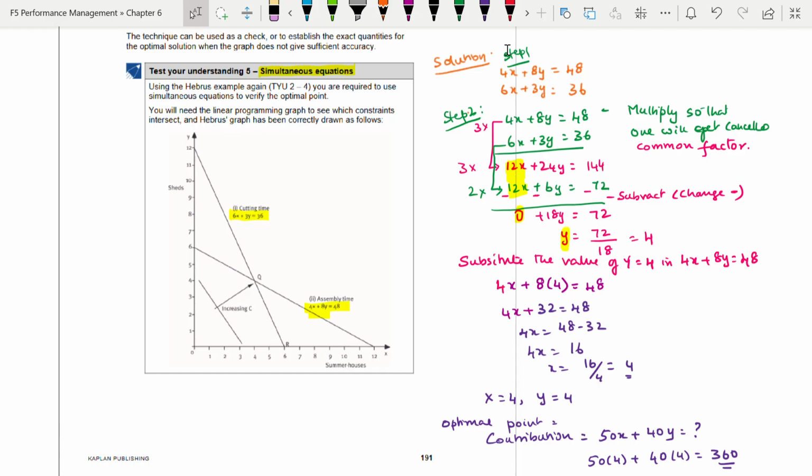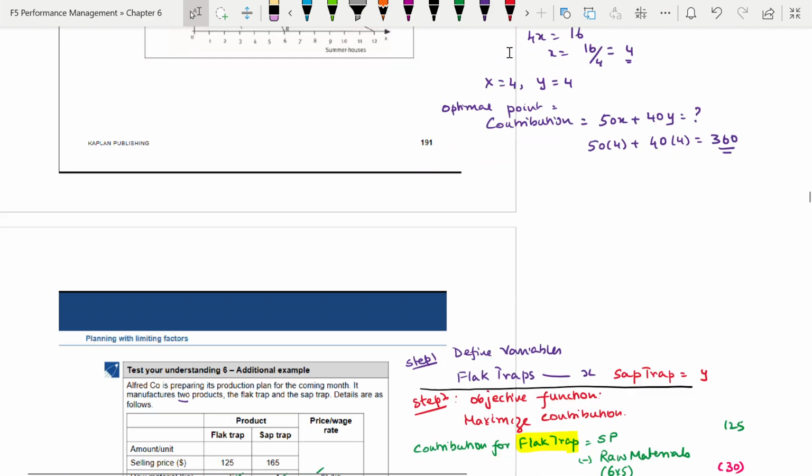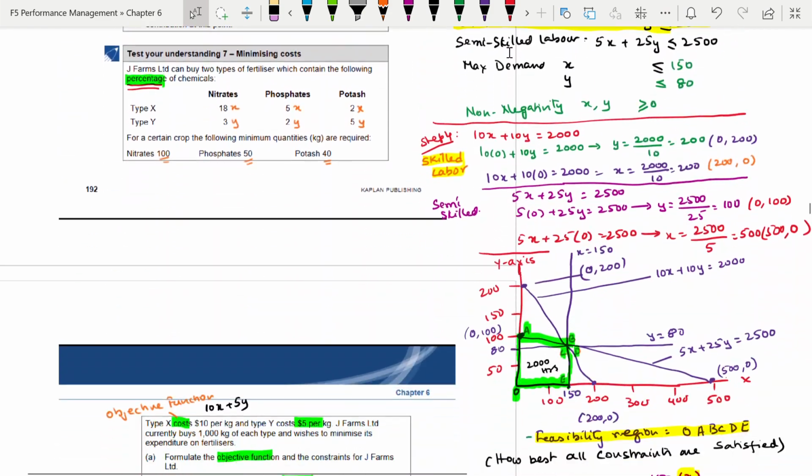When we solved that, we found the value of x and the value of y.